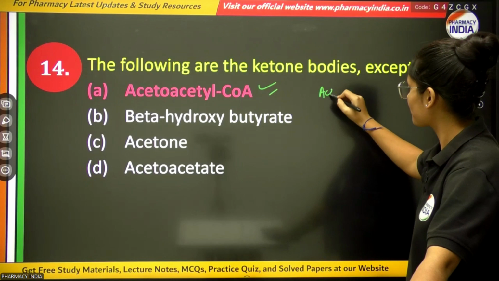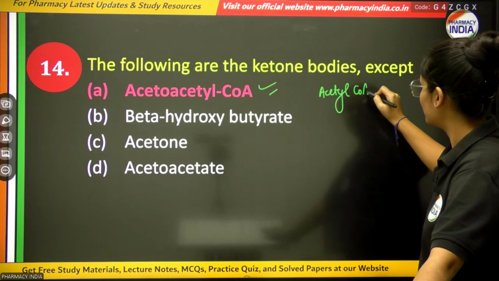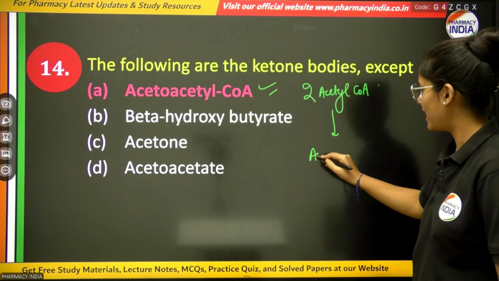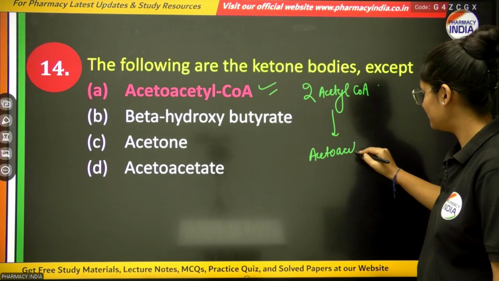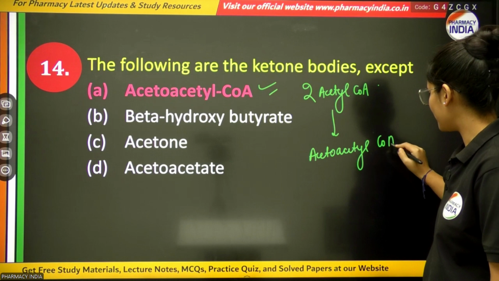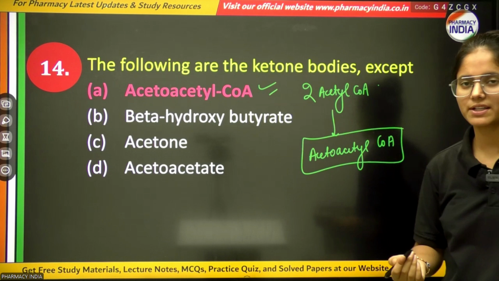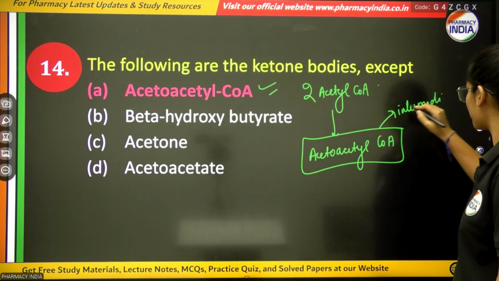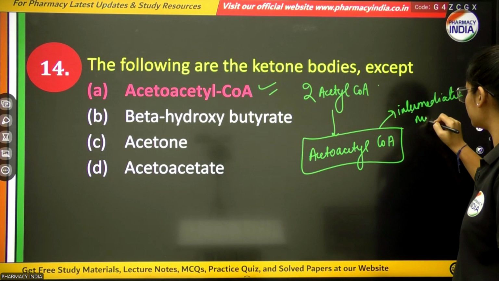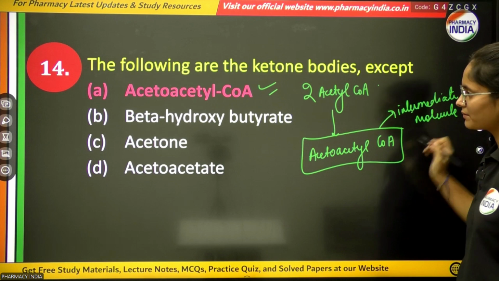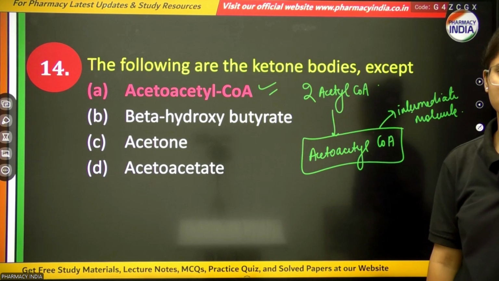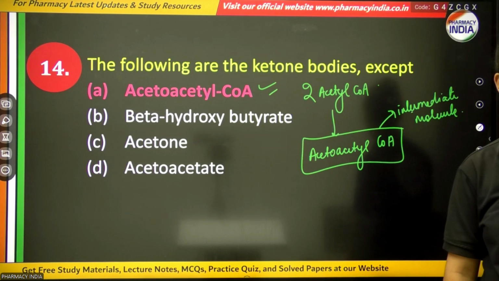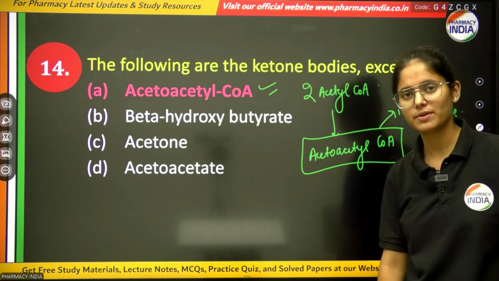Basically, when you combine two acetyl coenzyme A, they form acetoacetyl coenzyme A. Clear? So the correct option will be A, because beta hydroxybutyrate, acetone and acetoacetate are the ketone bodies found in the human body.